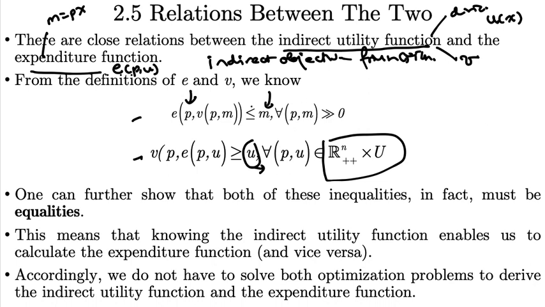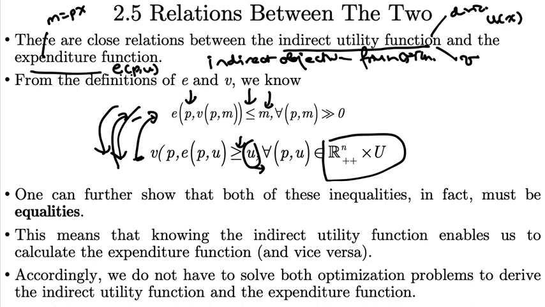We can see the signs here are inequalities, but we can always revert from here to here and here to here. Therefore, we can say that both of these inequalities must in fact be equalities. So it allows us to do the reversion from here to here and vice versa. They are interrelated to each other.